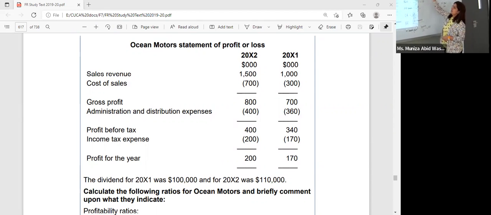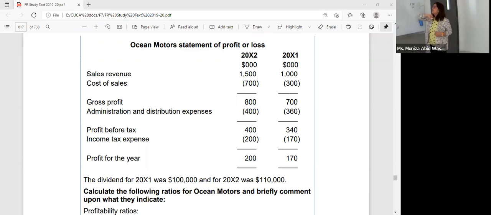For 2001, how much is the gross profit? 700. Sales revenue is 1000, multiplied by 100. Tell me, 800 divided by 1500 multiplied by 100? 53.3%.